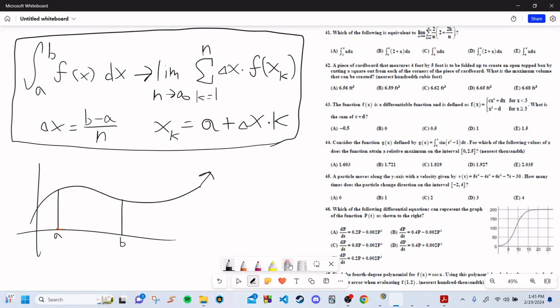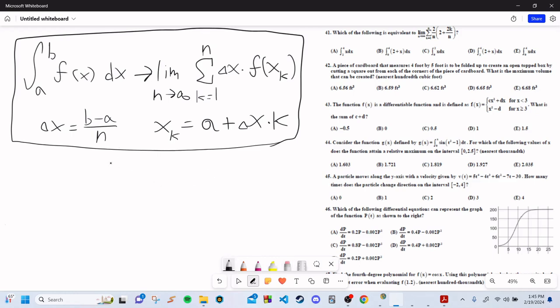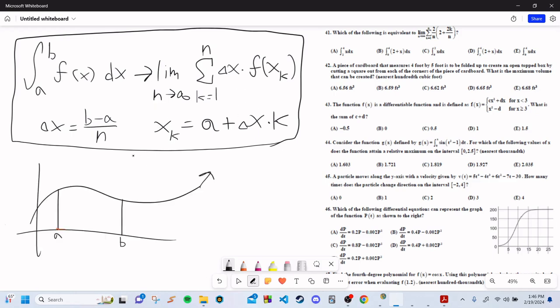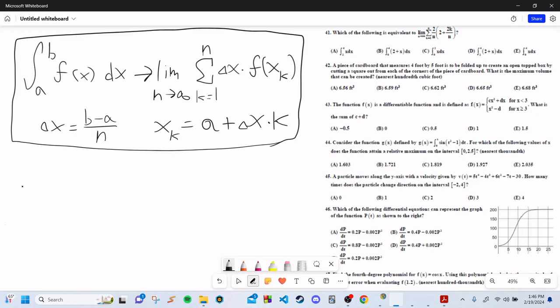Okay, so returning to our problem, if I substitute in these values, it's going to look a little complicated, but it's going to help us out.